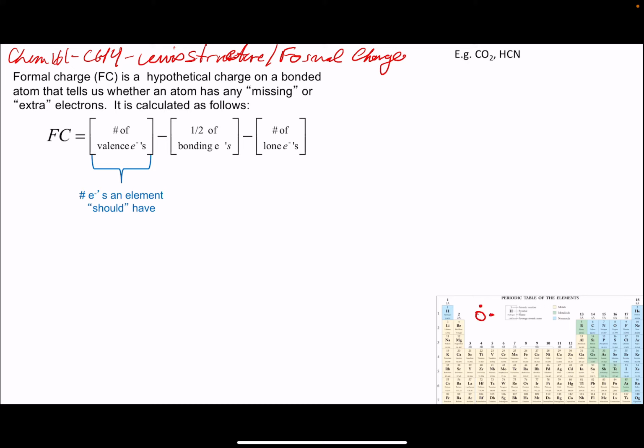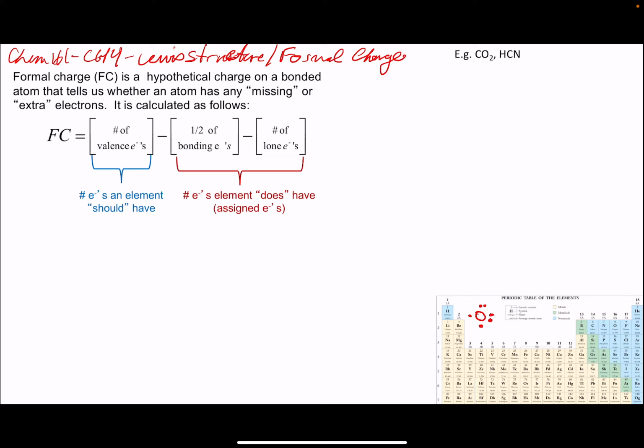As we've seen before, for example, oxygen in its Lewis dot structure for an isolated oxygen atom has no charge on this structure, and so we can see that this has the number of electrons it should have. So that idea is built into the first term of this equation. The next two help us count the number of electrons that an element does have when it's bonded, when it's in a molecule.